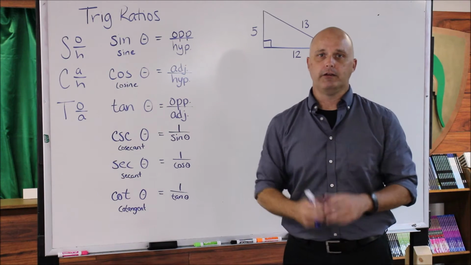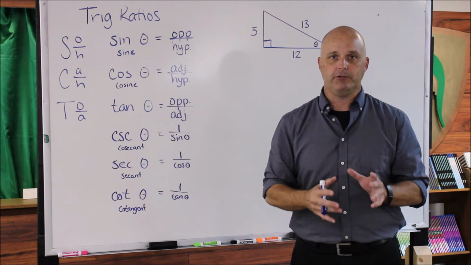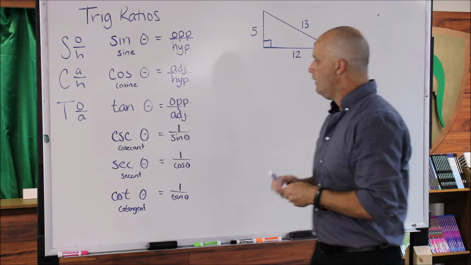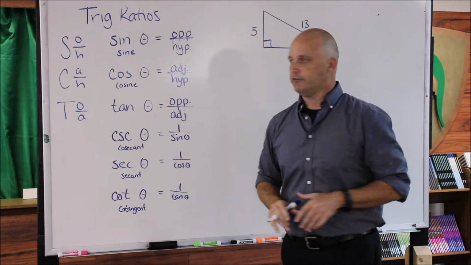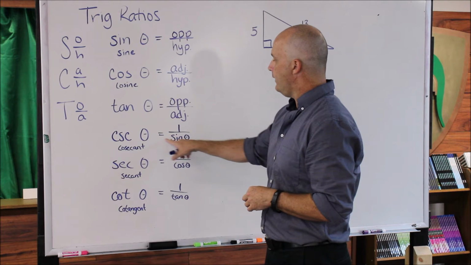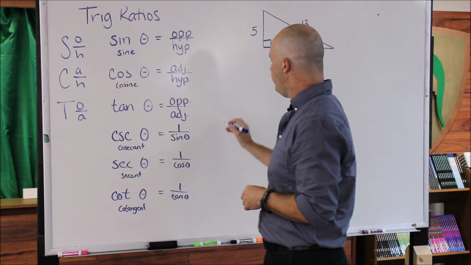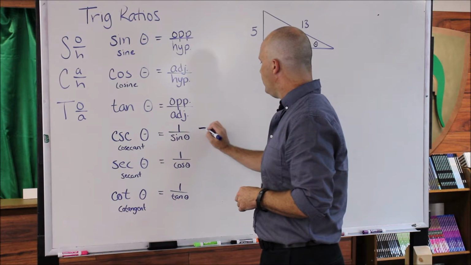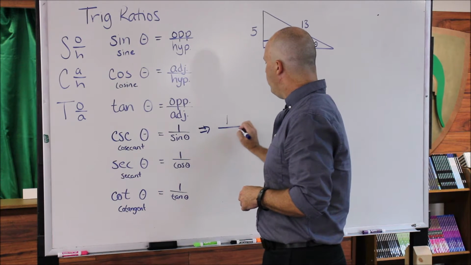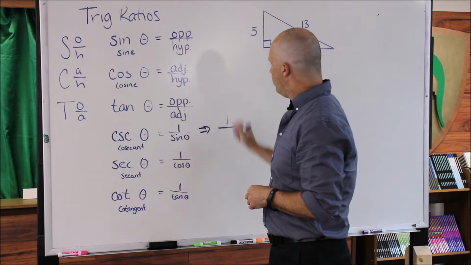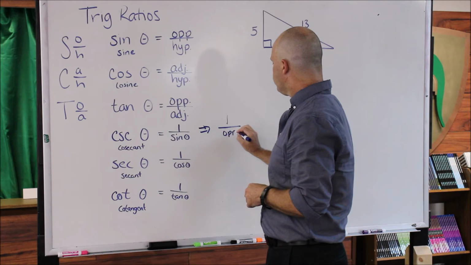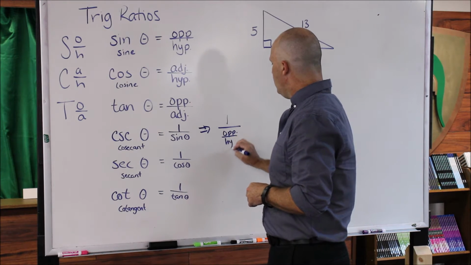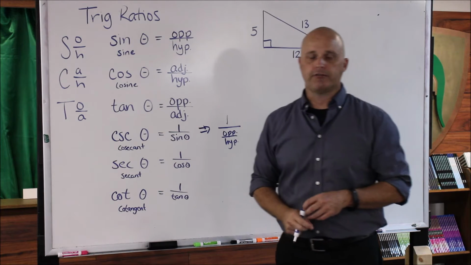So that's the more complicated view of what cosecant, secant, and cotangent are. There's an easier way to look at this, and before I show you the really easy way, I want to show you how we get there. So if we just take the cosecant for example, we know that the cosecant of theta is equal to 1 over sine of theta. So this is the same thing as saying 1 over the opposite over the hypotenuse. And what we get now is a complex fraction.